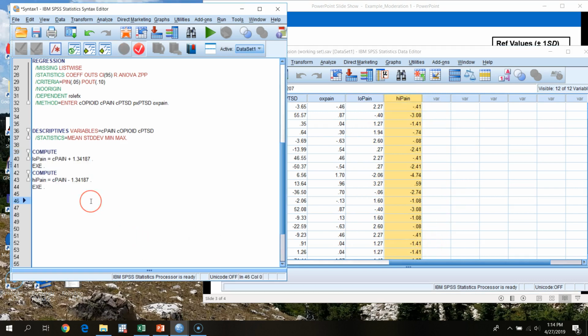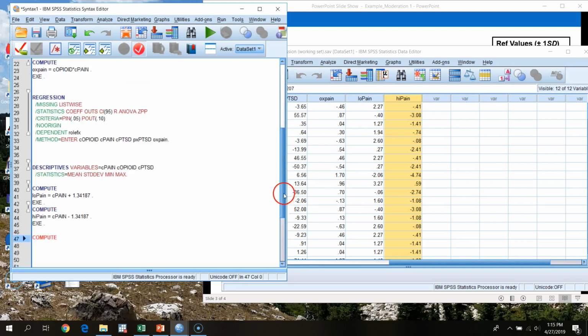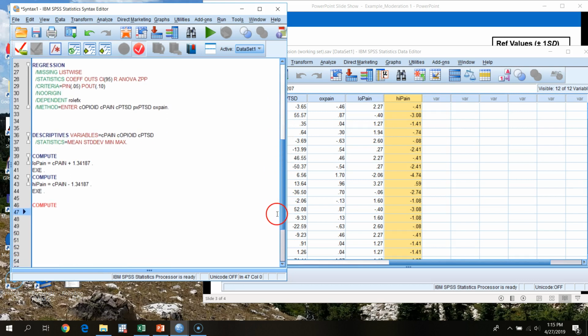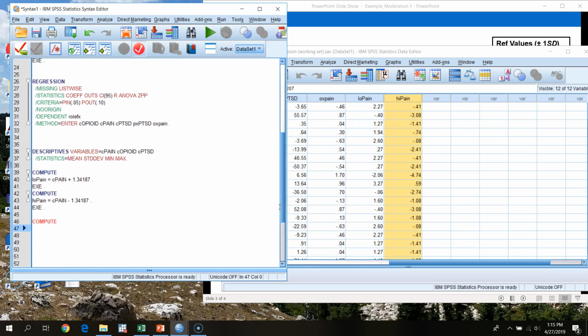Okay, and so now I'm going to compute new interaction terms. Any of my interactive effects that contained pain, I need to create a new interaction effect that is consistent with my new variable that contains low levels of pain. So here both of my interaction terms involve pain.